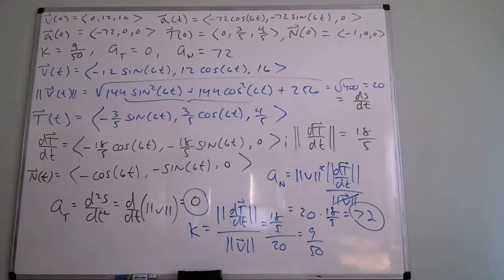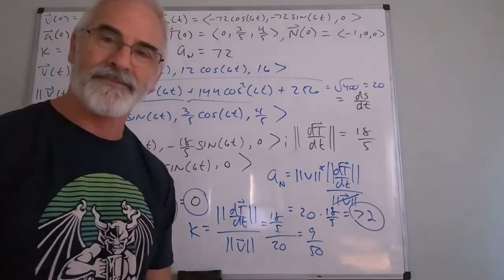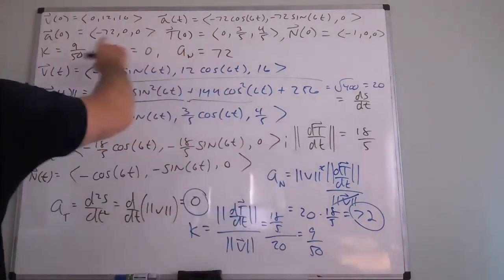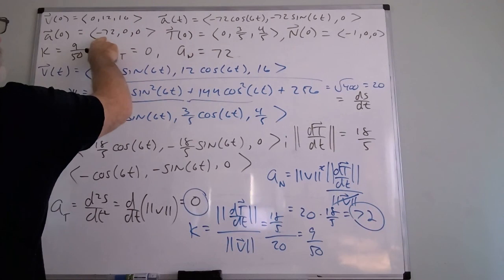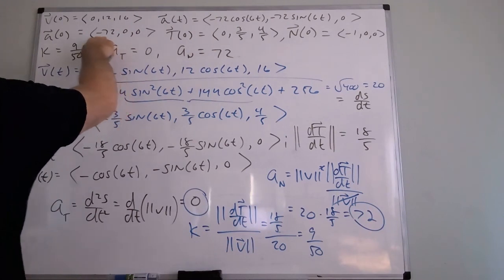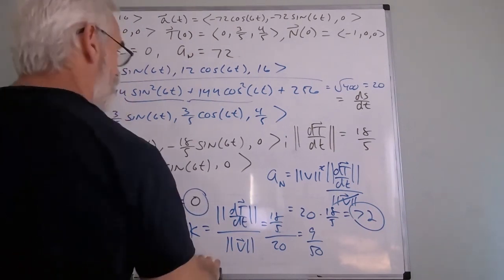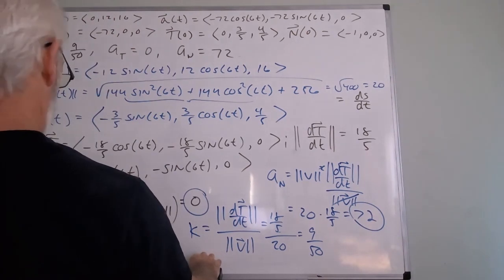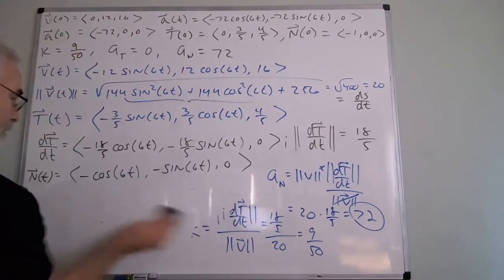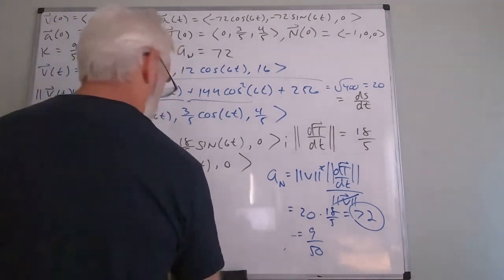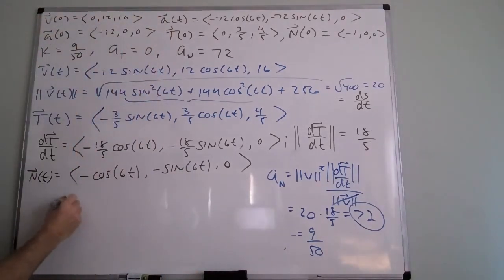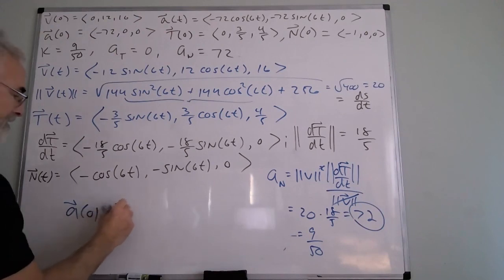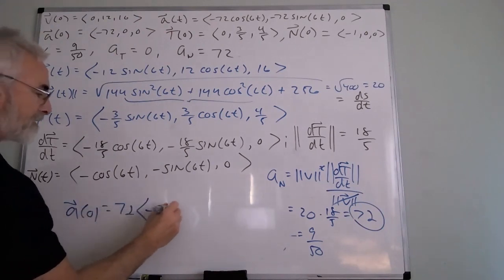There's absolutely nothing left we could pick apart. You say, how do I know I'm right? What's the length of the acceleration vector? It's 72. If I factor out the 72, look at this guy right here. A of 0, isn't that 72 times negative 1, 0, 0?